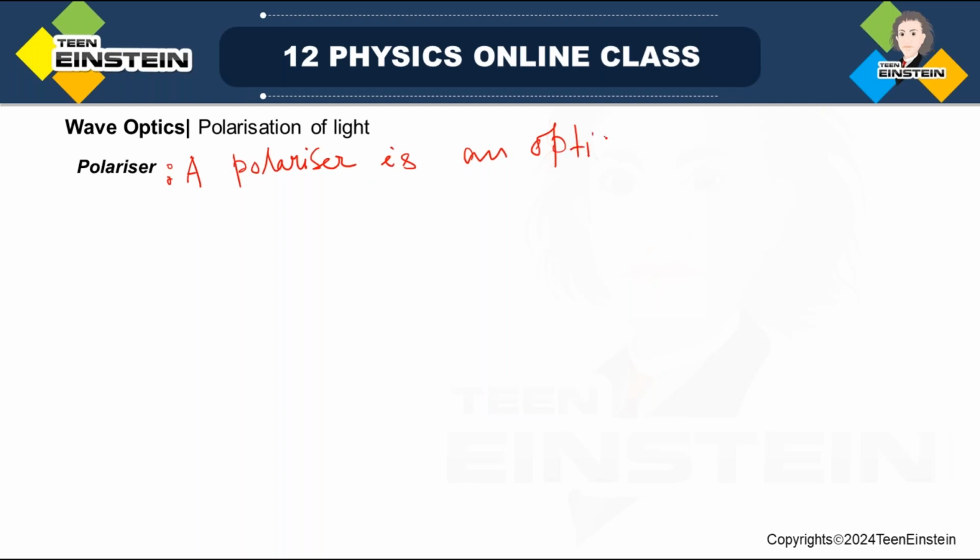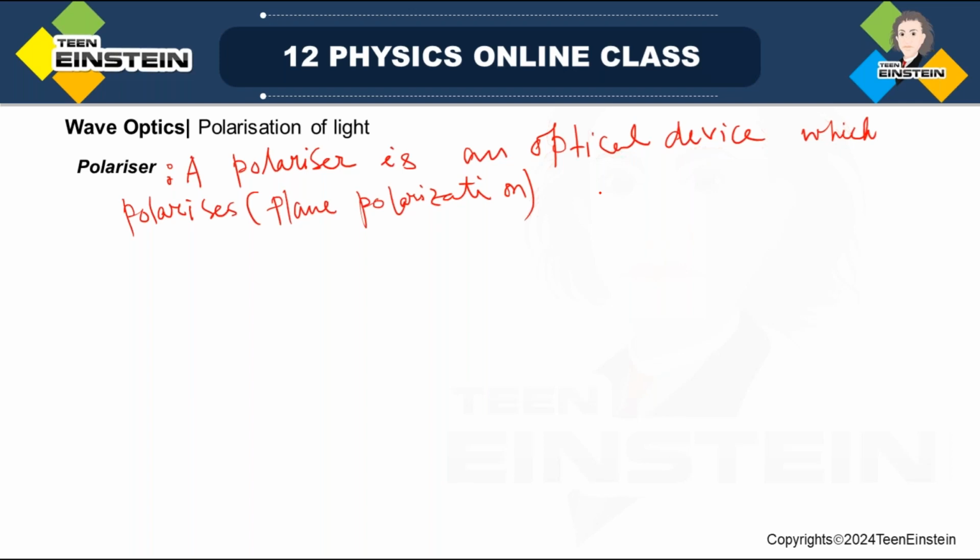And a polarizer is an optical device which polarizes, in fact plane polarizes, light.